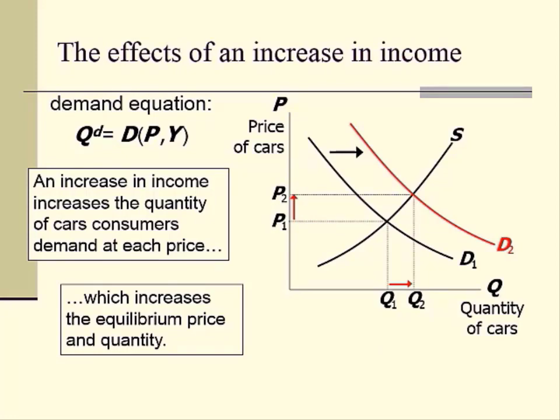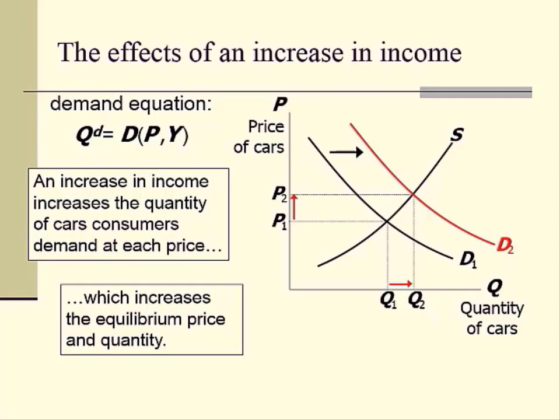Now we can start from this point and predict the effect of changing either Y, an exogenous variable, that is aggregate income, which would affect demand, or the price of steel that we looked at before, which would change supply.